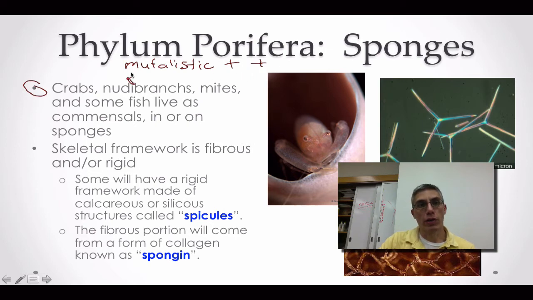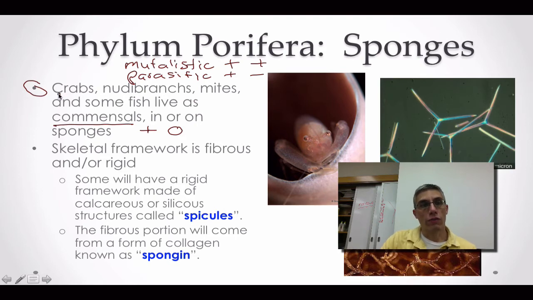We talked about a parasitic type of relationship, and this is where one member would benefit and the other would be harmed in some way. And then we talked about this one right here called a commensalistic type of relationship, and this is one where one member would benefit but the other member is not helped, but it's not harmed either.